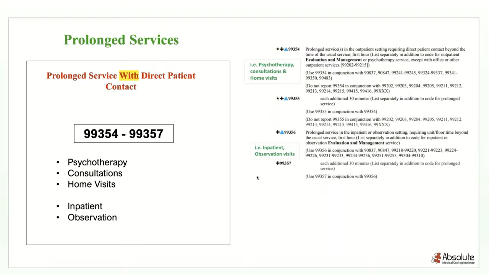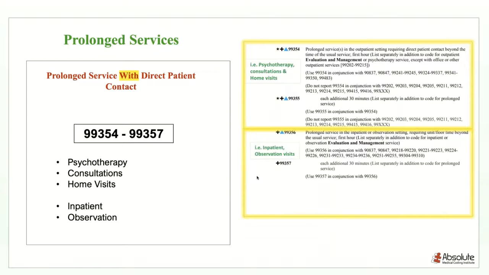Codes 99354 and 55 cover psychotherapy, consultations, and other outpatient visits like home visits, but not office visits. And your 2 codes, 99356 and 57, cover only inpatient and observations.